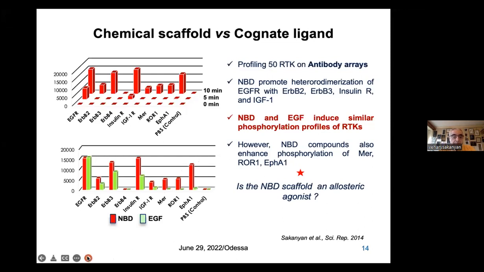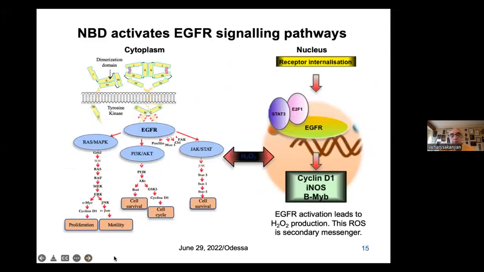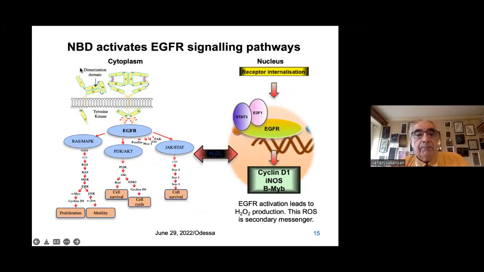Here we have an explanation. I don't present similar results obtained in other experiments. We have indeed clear explanations that, first of all, the NBD compound is able to activate almost all three signaling pathways which have been studied in our research.